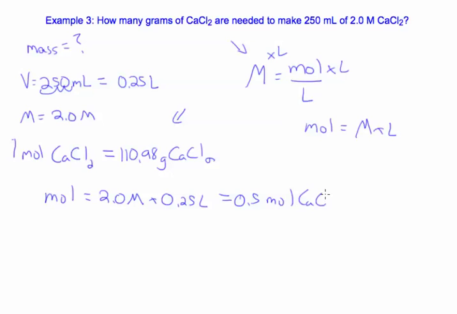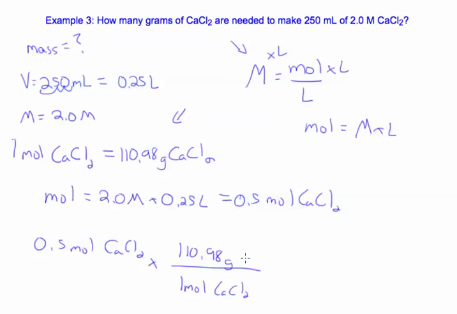And now we can do our dimensional analysis. We want moles of CaCl2 to cancel out. We have to put moles on the bottom. And we have to put the molar mass on top in order to go to grams. Moles of CaCl2 cancel out.